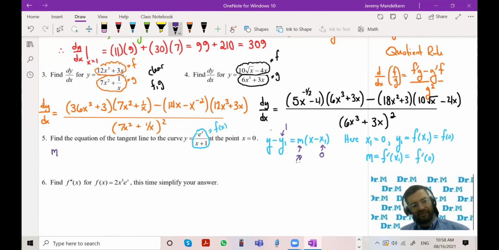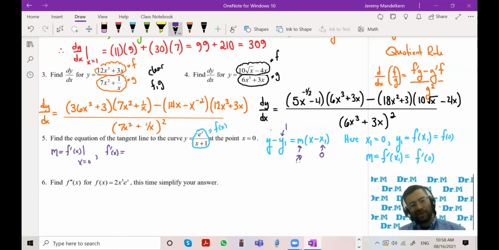So we have m, it is f prime of x, evaluated when x is equal to 0. Aside, we have f prime of x is given by the quotient rule. So we have the derivative of the numerator function. If you want, you could call the numerator u, the denominator v.